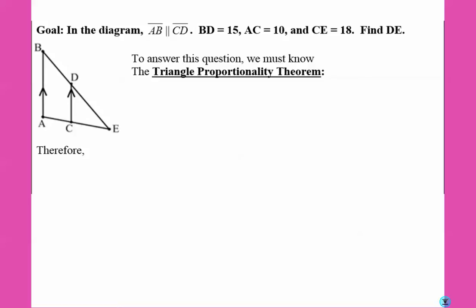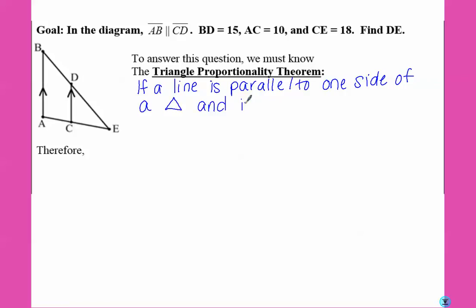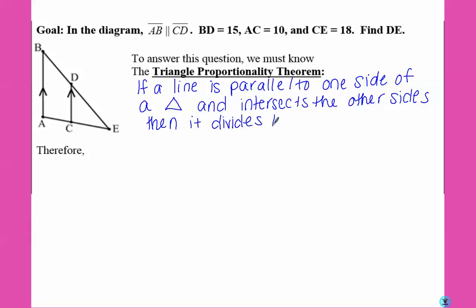This theorem says if a line is parallel to one side of a triangle and intersects the other sides, then it divides the sides proportionally.